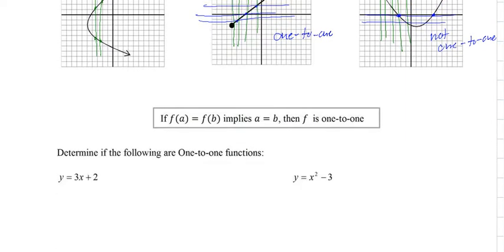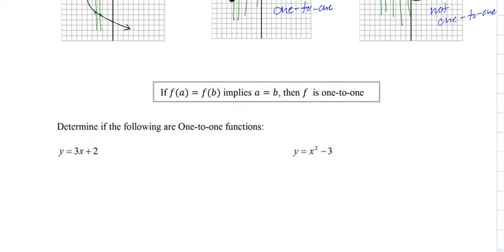Alright, so here's our wordy little definition. If f of a equals f of b, this implies that a equals b, then f is one-to-one. I know it just seems weird, but it's basically saying if you only have one y, then the only way to get that one y is if your x is the same. So what we do is this.